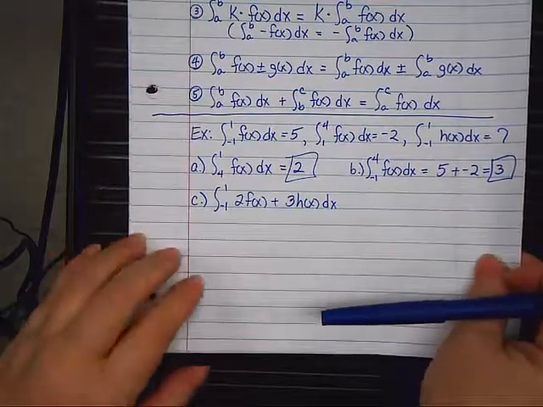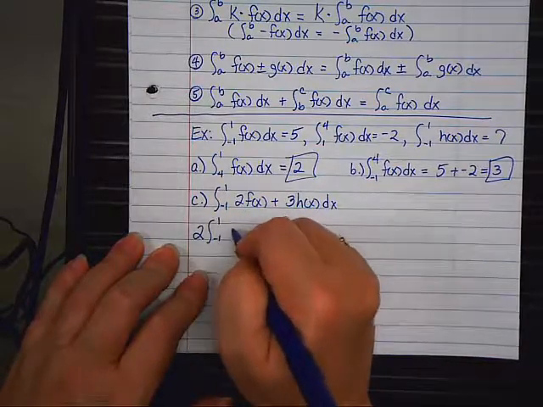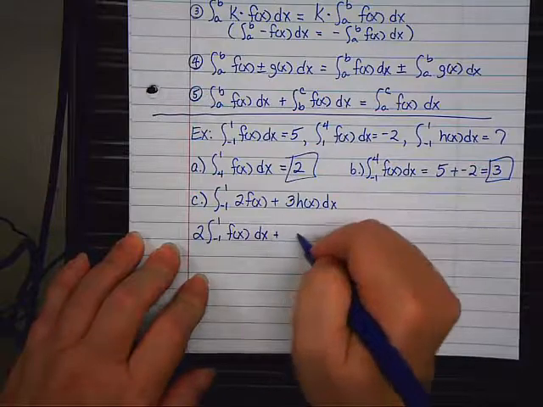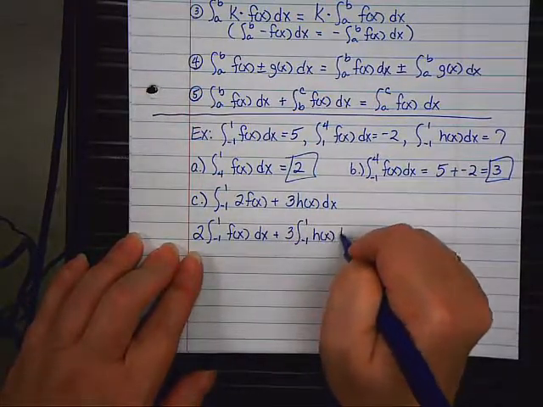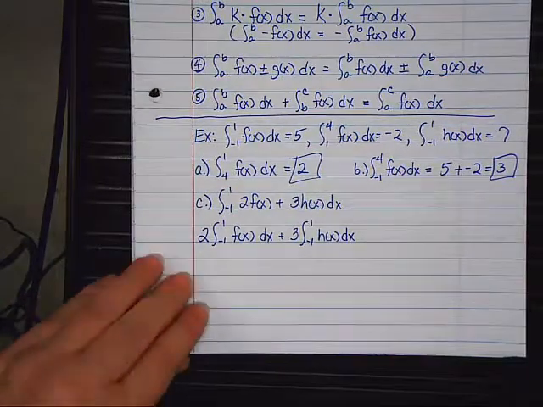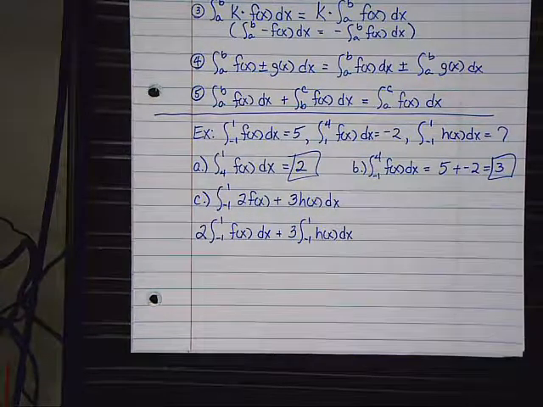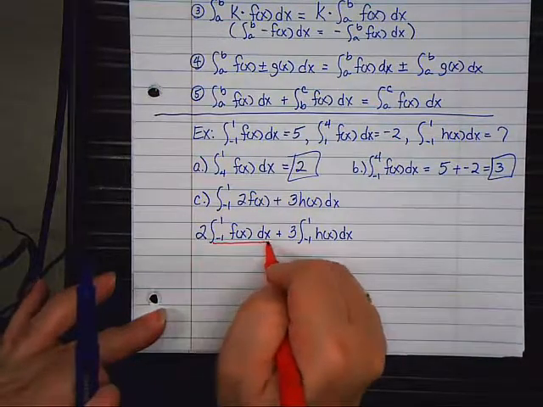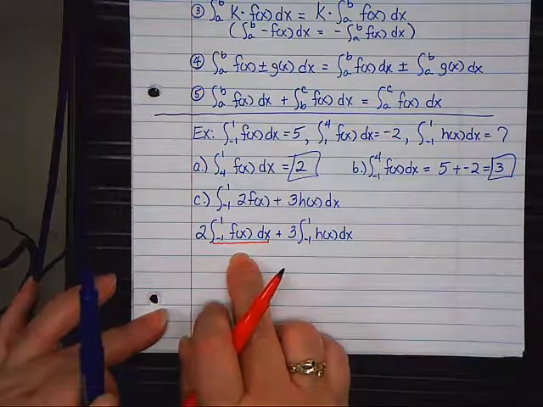I'm just going to show you how it works. Okay? So you've got the 2, -1 to 1, f of x dx, plus 3, -1 to 1, h of x dx. All of this right here, what does -1 to 1 f of x dx equal?